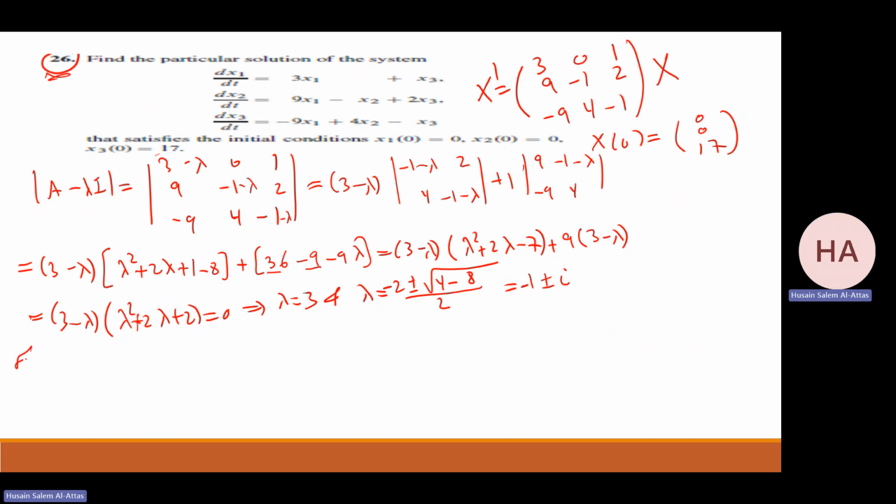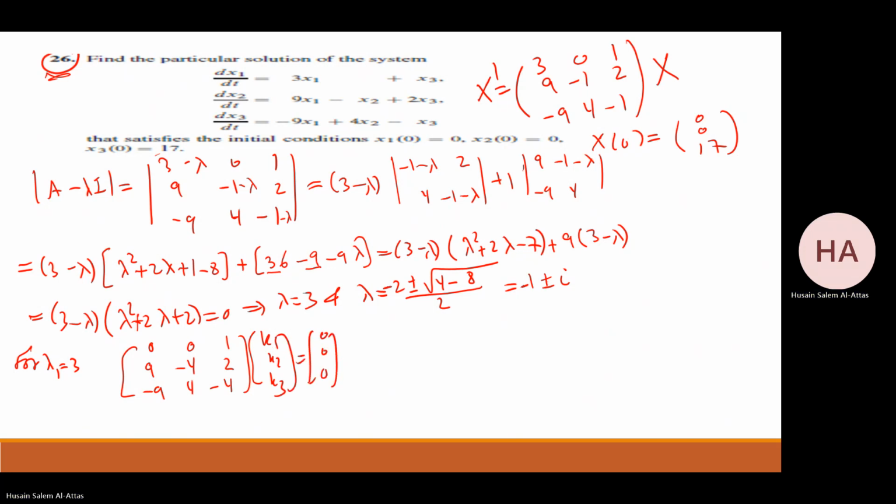Now for lambda 1 equals 3, that should be easier. I have 0, 0, 1, 9, minus 4, 2, 9, minus 9, 4 minus 1 minus 3, which is minus 4, times K1, K2, K3. Here, I have K3 equals 0. These two are the same, and I have 9K1 minus 4K2 equals 0.